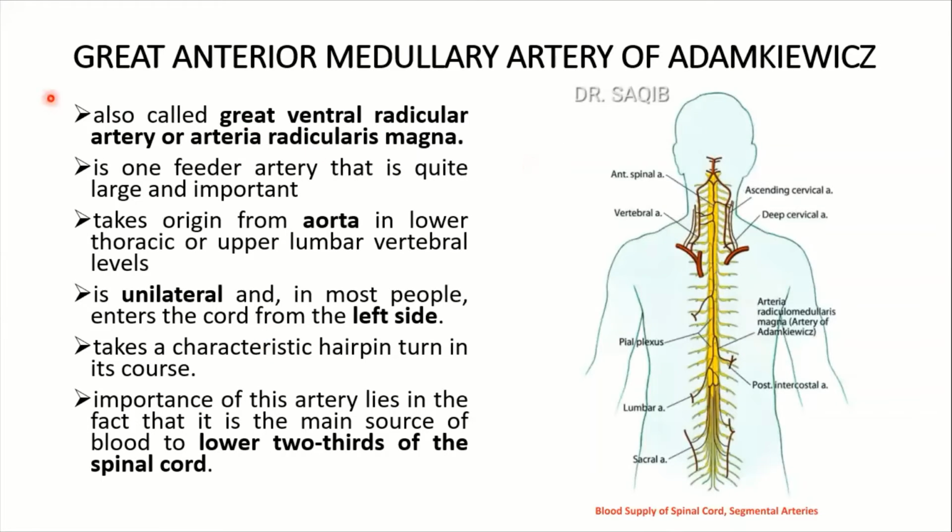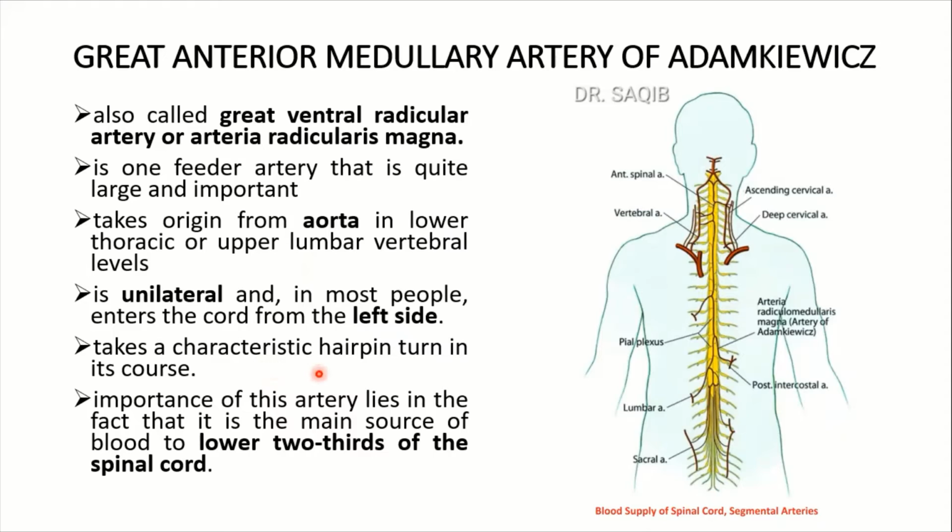So, very important, the great anterior medullary artery of Adamkiewicz, a German name, also called the great ventral radicular artery or arteria radicularis magna, is one feeder artery that is quite large and important. It takes origin directly from the aorta in the lower thoracic or upper lumbar vertebral levels, the thoracolumbar level, you can say. It is unilateral, only on one side, mostly on the left side.